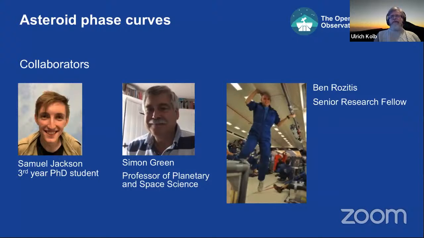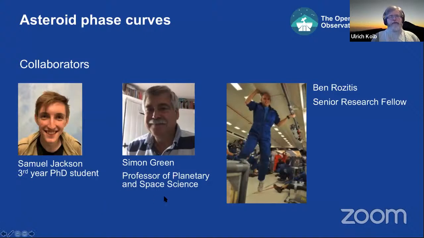So let me come to the science and the asteroid phase curves, because that's what you would like to hear about. My collaborators, as I said at the beginning, are Sam Jackson, who is now in his third year and extremely productive. Many of the slides I show subsequently will have been made by him. You will see the different style of slides, it gives it away.